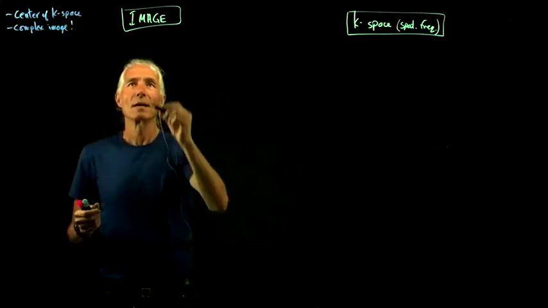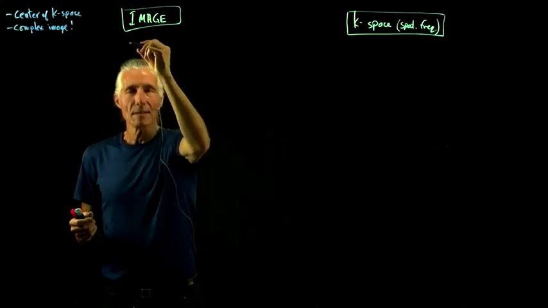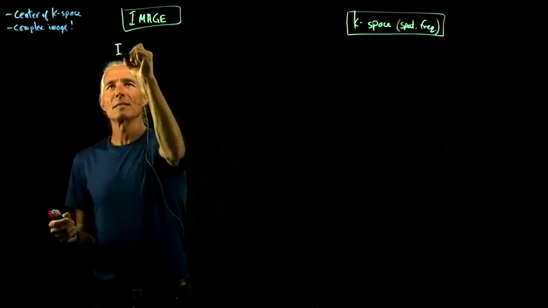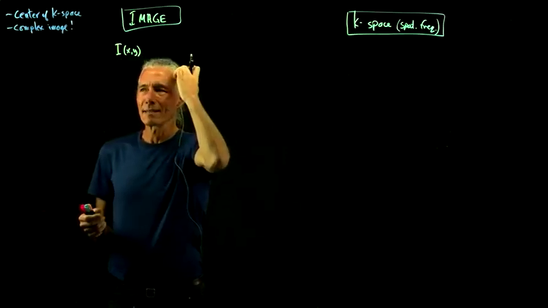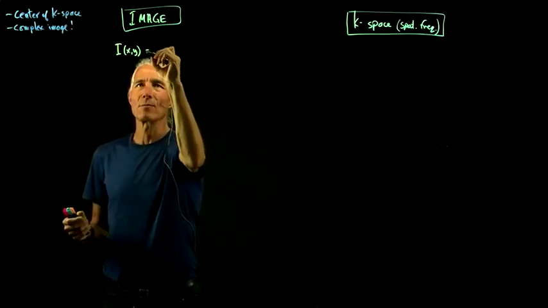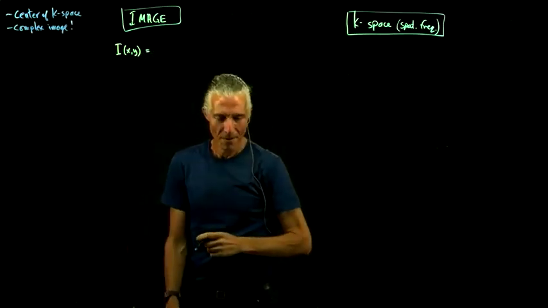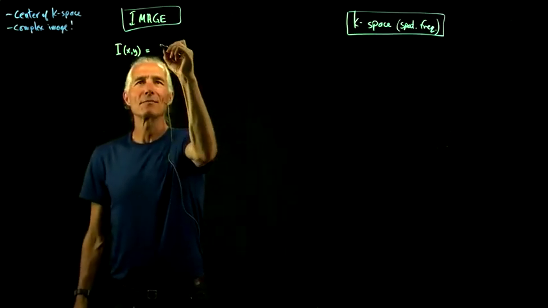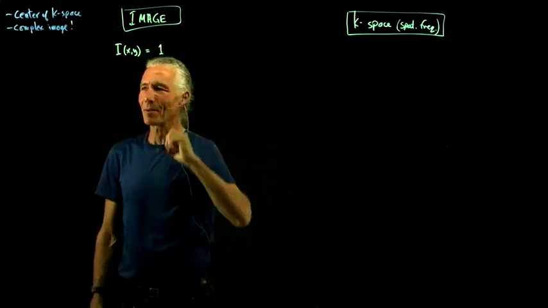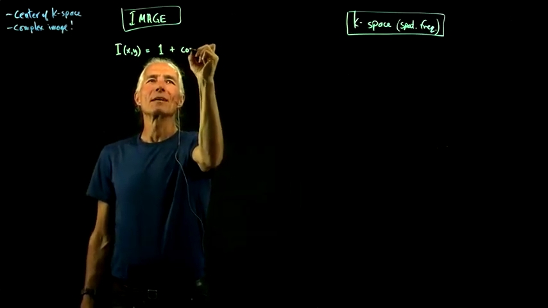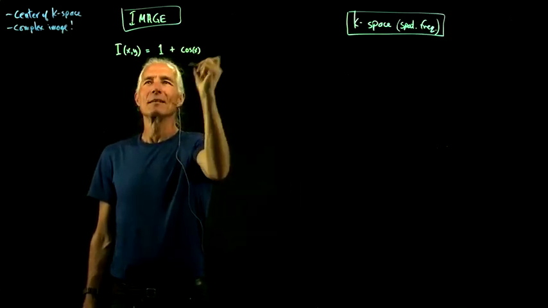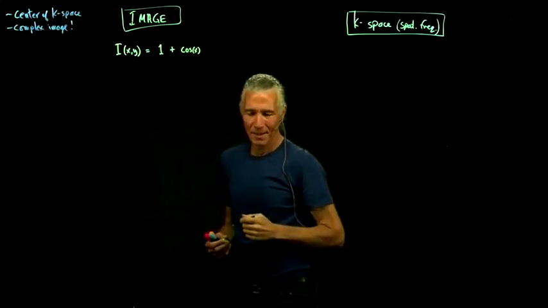Our brain, our image, is going to be a very simple one. y isn't on the right side, so it doesn't matter what y is. The only difference is we add 1 to our cosine brain. So, 1 plus cosine of whatever x is. That's our cosine brain.